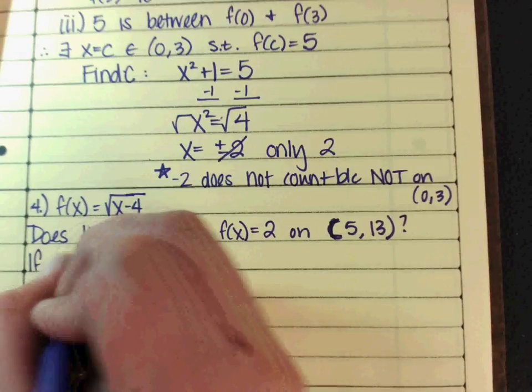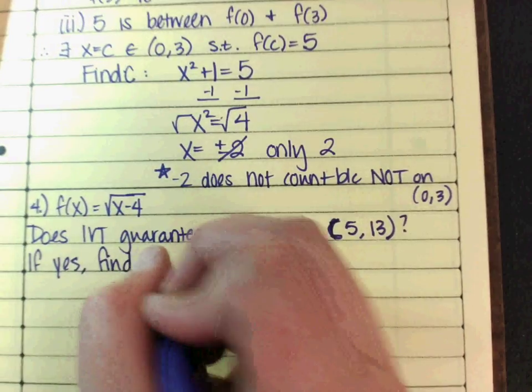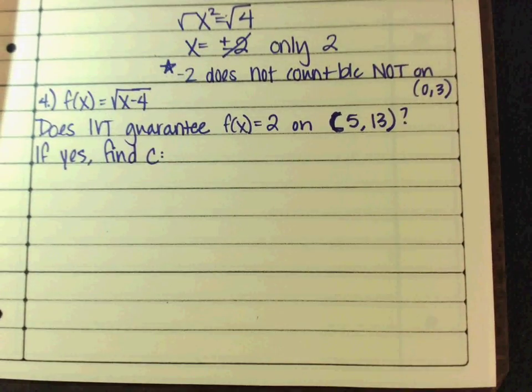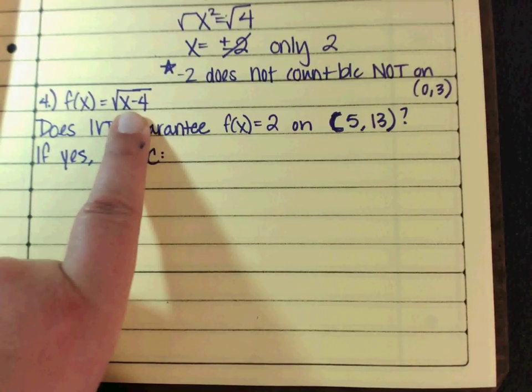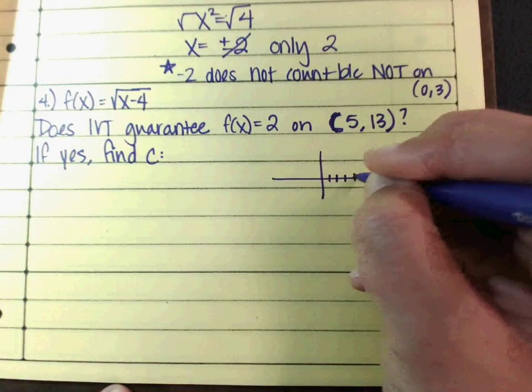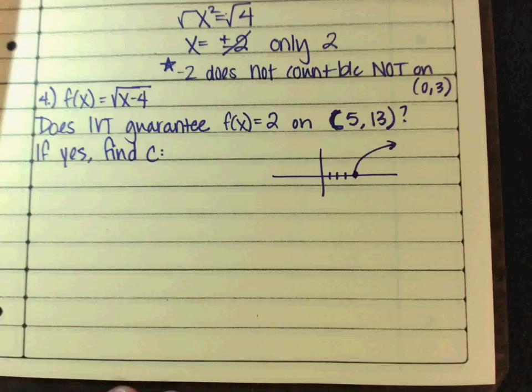If yes, find C. Okay, step number 1, what has to be true about f of x? Okay, continuous. Now, square root is not continuous for all real numbers. Square root usually starts at 0, and then it kind of like boings off to the side. So if it's x minus 4, which way does that shift my parent graph? To the right, okay? So 1, 2, 3, 4, and then it's going to go like that. What did you say?